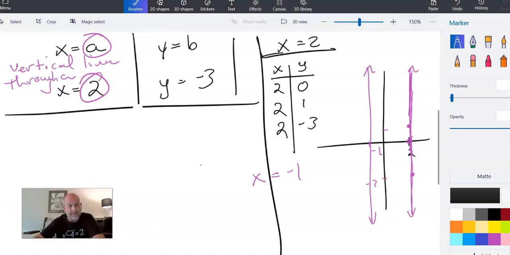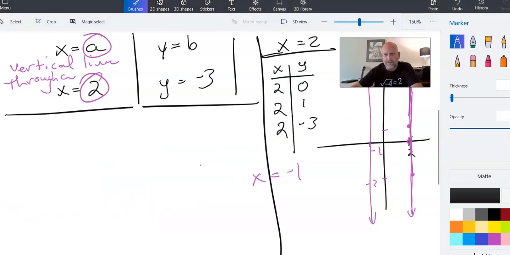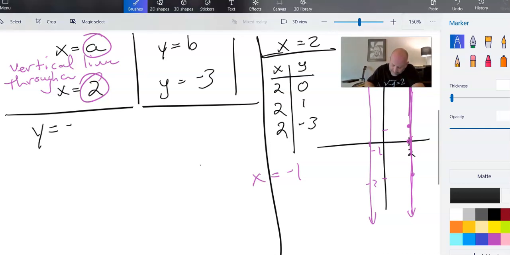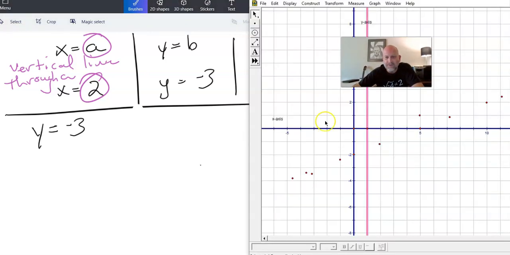Let's see, I'm going to have to take a little journey to another place on the screen. So let's look at this y equals -3.